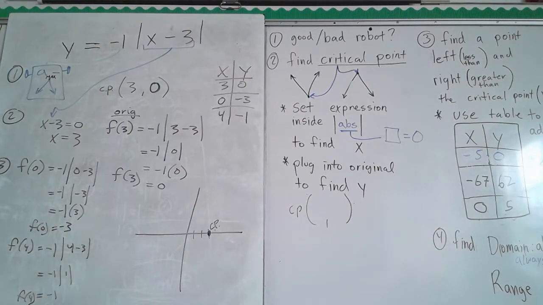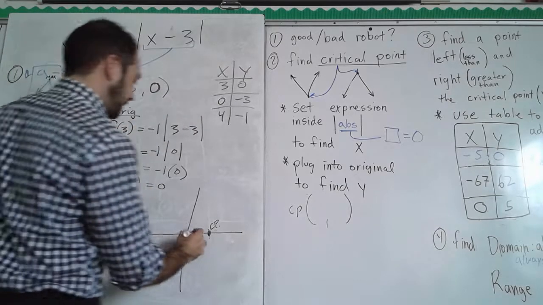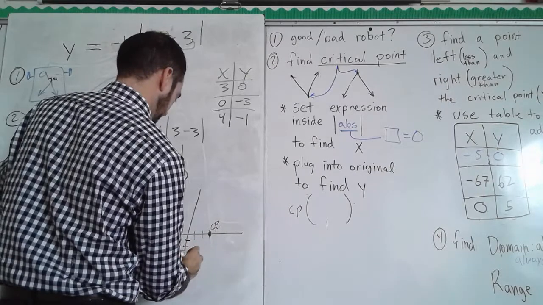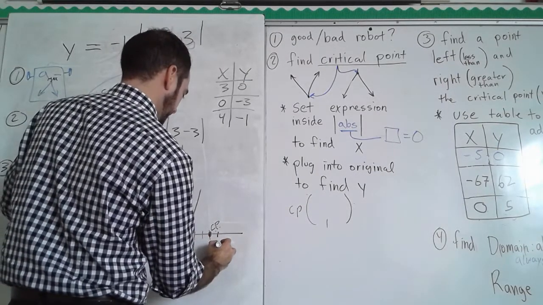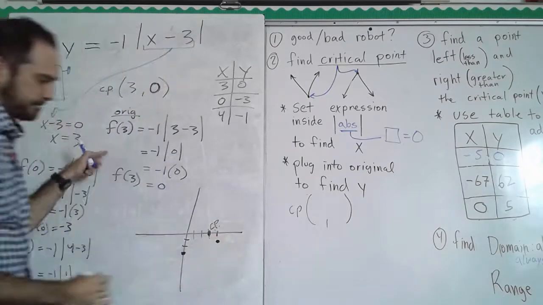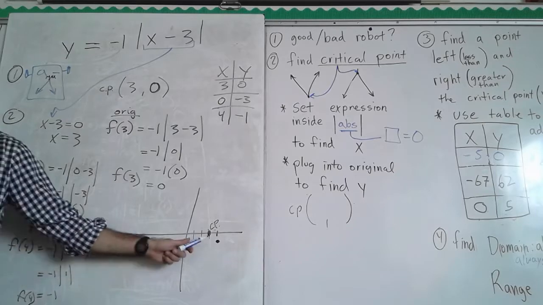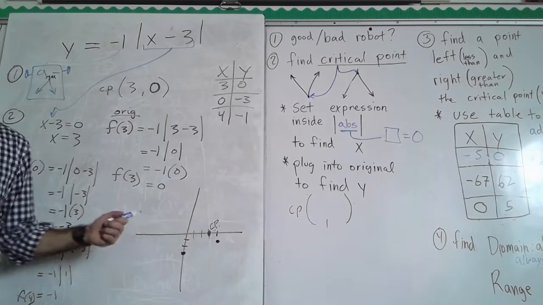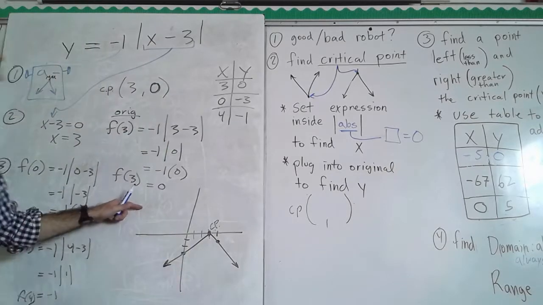All right, we graphed those other 2 points, and now we'll be able to make our graph. So let's go 0, negative 3, 4, negative 1. As long as we remember what the critical point is, that's why we label it out like so, then we're pretty easily going to be able to graph those.